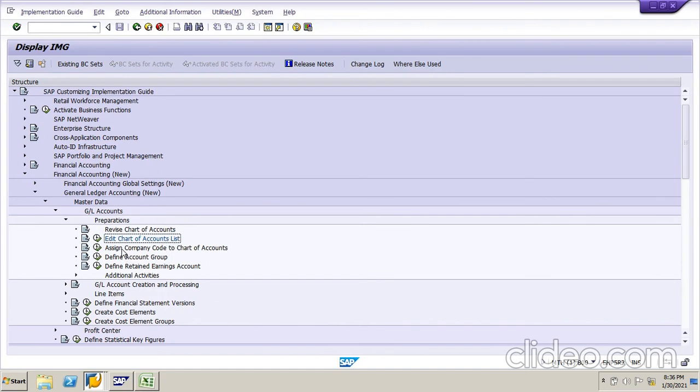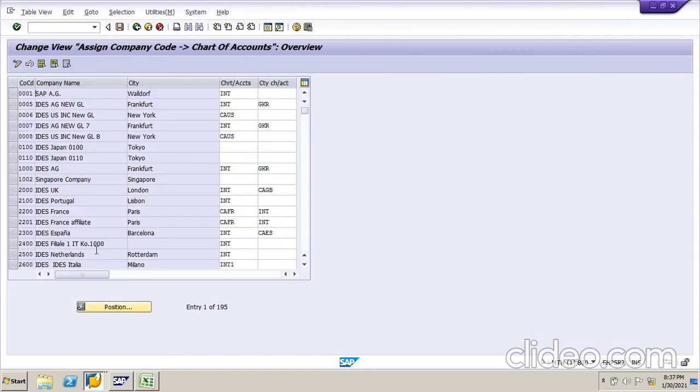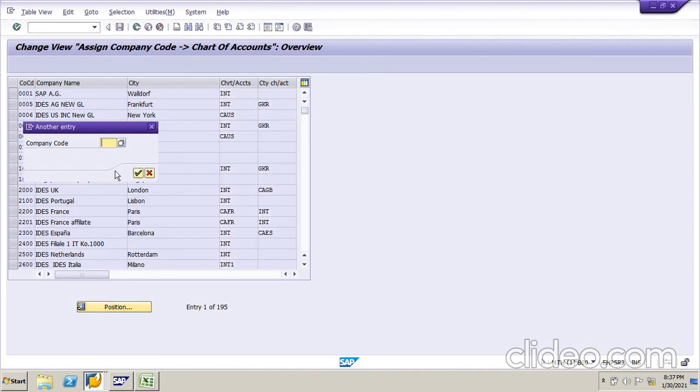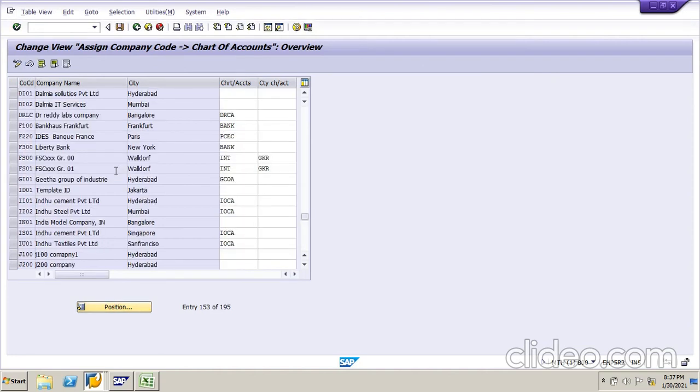So next step, assign company code to chart of accounts. So we have to assign this data to our company. So click this one. So click on position. So what is your company code? DI01. See here, it is chart of accounts.